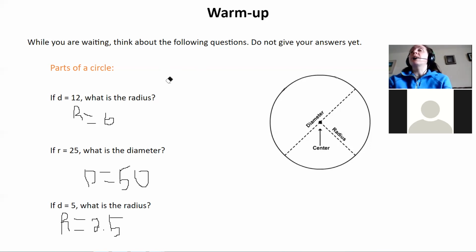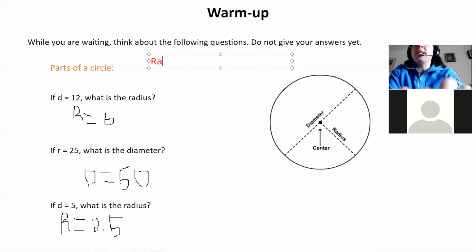If the diameter is 12, what is the radius? Radius is half of the diameter, right? Very good. Whatever the diameter is, that's a really good way to put it. And if you don't know that, or if you forgot it, I would write it in your notebook.